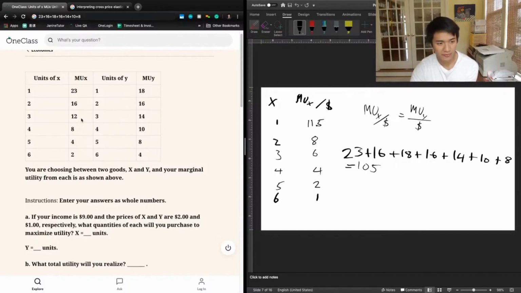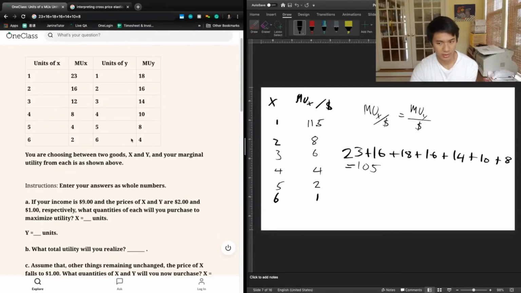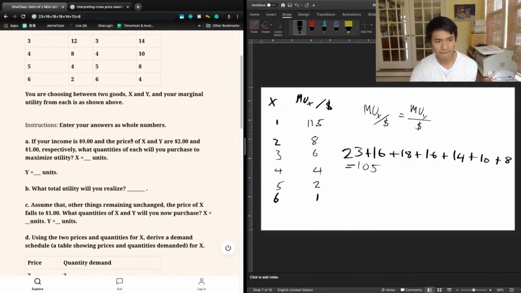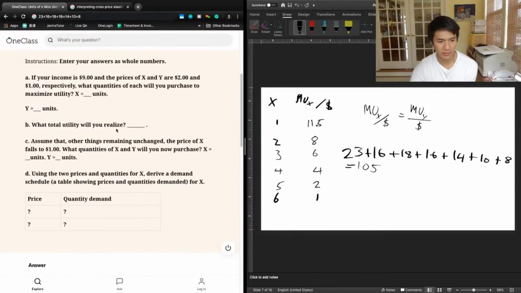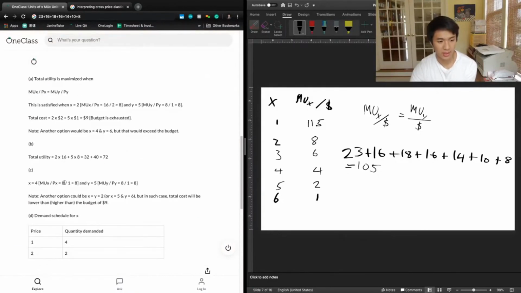So the final answer should be 4 units of good X and 5 units of good Y, because we finally found that utility maximizing point, where marginal utility per dollar is the same for both goods. So C says X equals 4, Y equals 5. Another option would be X equals 2 and Y equals 2, but in such a case, total cost will be lower than the budget of 9.